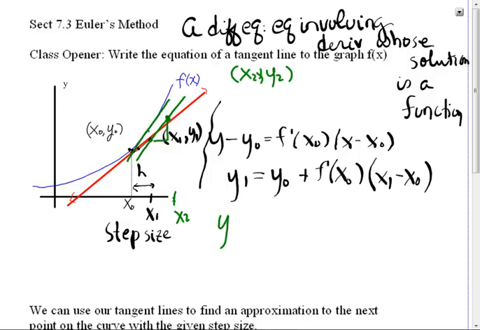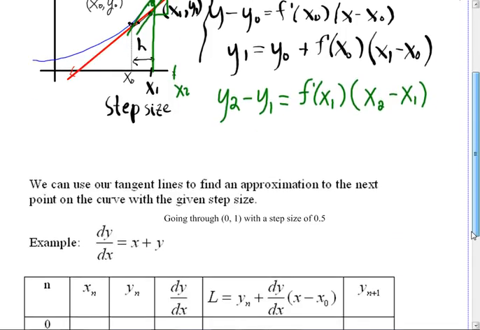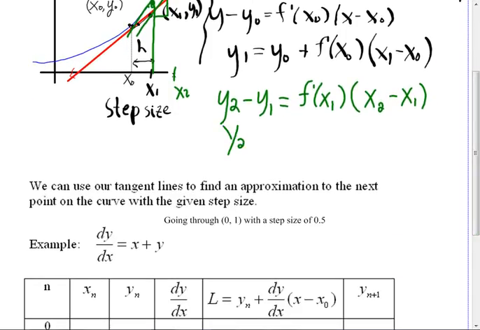So if I write the equation of this line, it's y2 minus y1 is equal to the derivative now at x1. Okay, it's the next point. Well, it's actually the derivative here, which is right there on the original curve, and then it's x2 minus x1. And so if I solve for y2, it's equal to y1 plus the derivative at x1 of the original function times x2 minus x1.